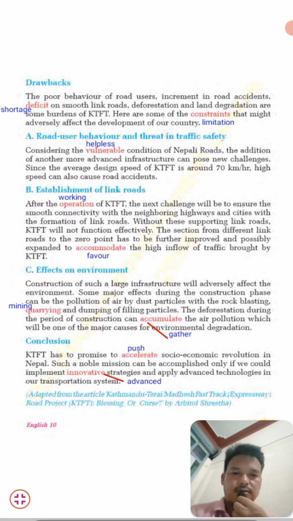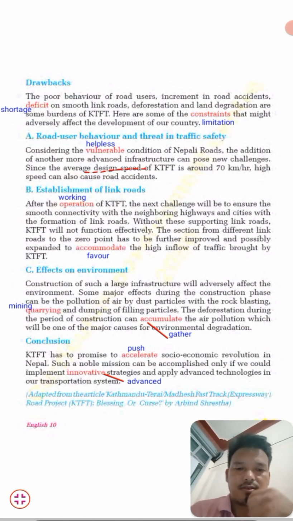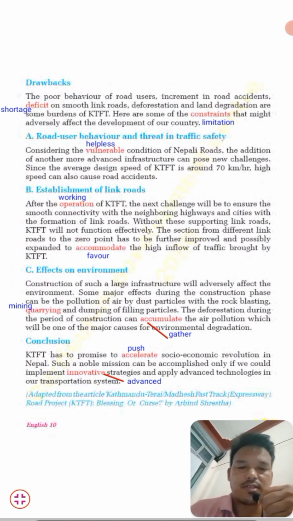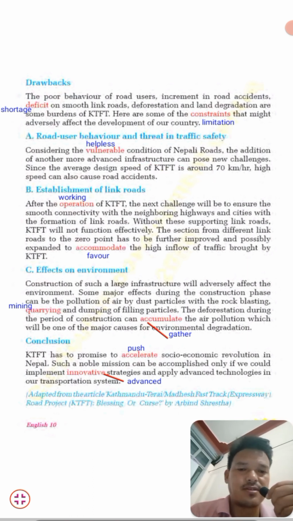This KTFT road structure is designed in such a way that its road speed limit is 70 kilometers per hour. It means one can drive at 70 kilometers per hour, and this is a very high speed, and because of this high speed there can be a chance of fatal accidents. So this is the main problem.